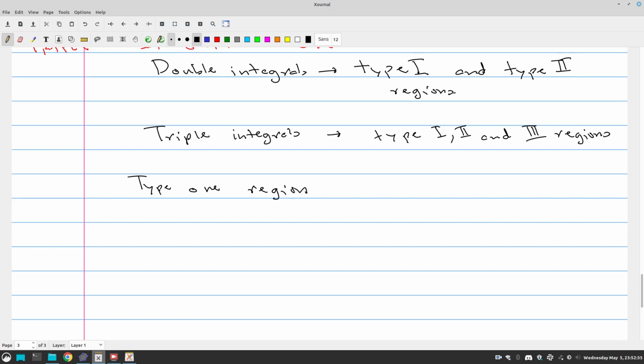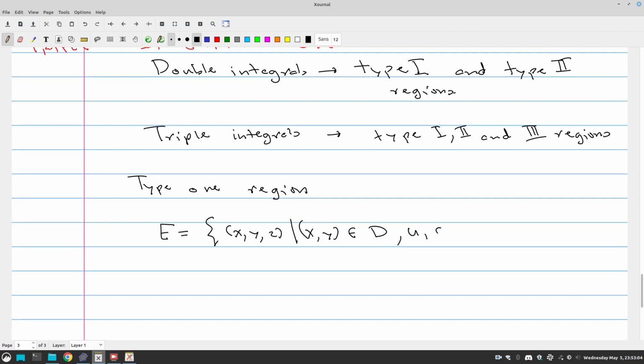I'm going to call it E, the set of x, y, z such that x, y is in D, right? So D is the projection of E onto the xy plane, and z falls between two functions of x and y.